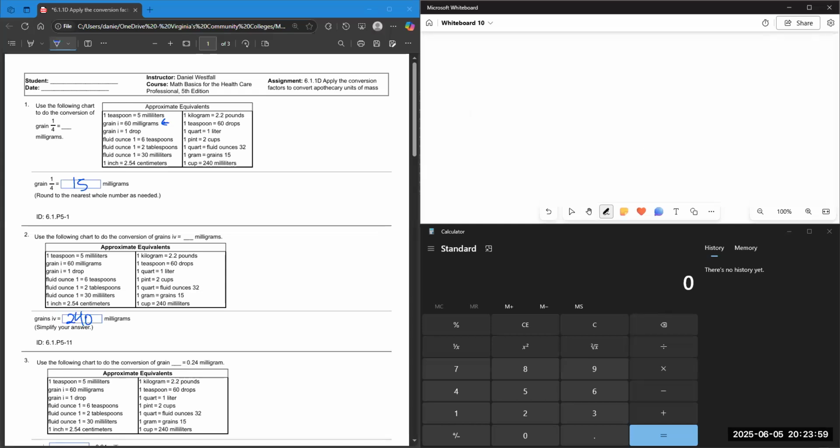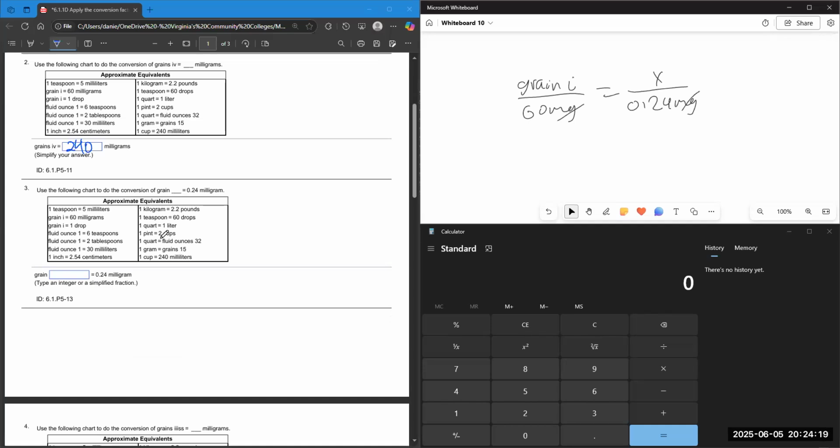Now we have 24 hundredths of a milligram, and 60 milligrams is a grain. And milligrams will cancel. I have to give this as a simplified fraction. So this is going to be 0.24 over 60.